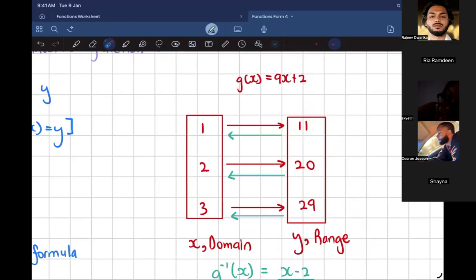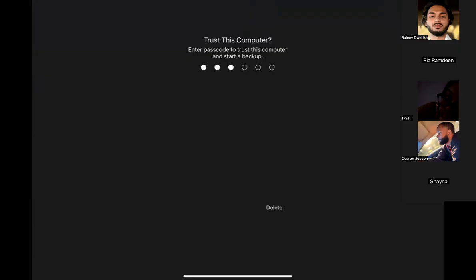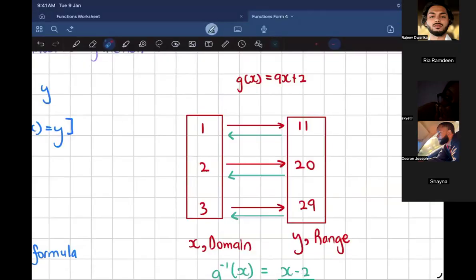So what am I going to put into a function? An x value or a y value? An x value, right? And what am I going to get out of it? An answer, right? And I'd call that the y value. You understand that x could be any number and y could be any number, right? Because over here, x could be 1, x could be 2, x could be 3.